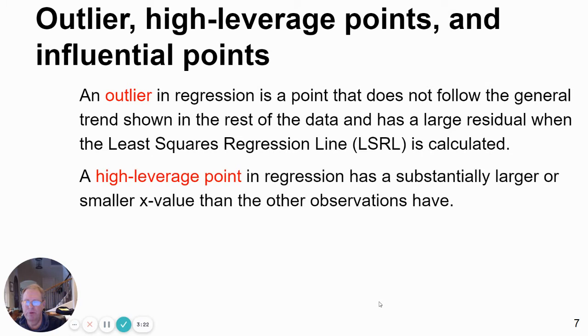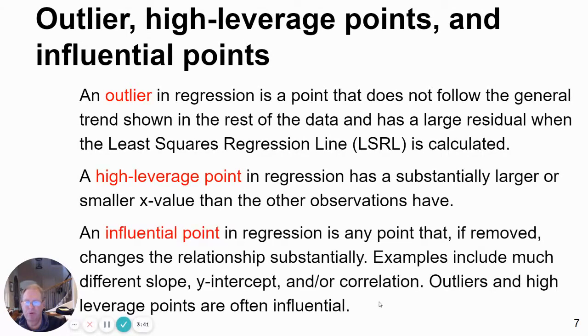A high leverage point in a regression has a substantially larger or smaller x value than the other observations. So we have an extreme value from the perspective of x values.